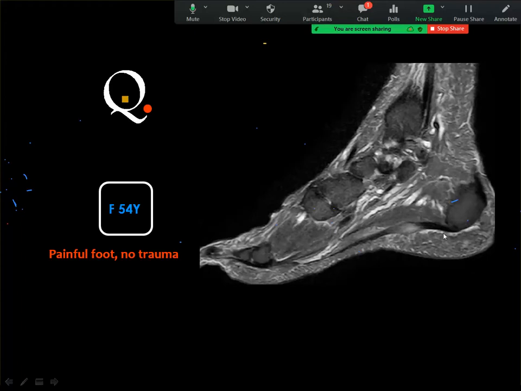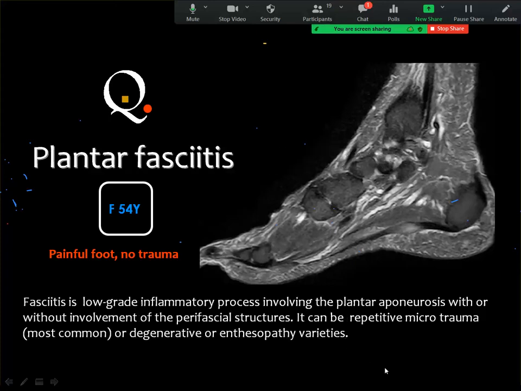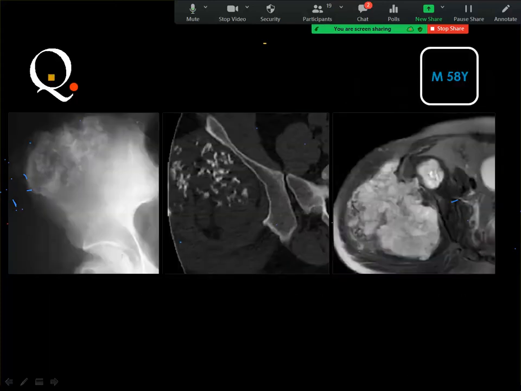The manifestations, as you know, are thickening of the plantar fascia, abnormal signal, and also edematous changes in the subcutaneous fat, and many times at the insertion site or the attachment site of the plantar fascia in the calcaneus. Next case.